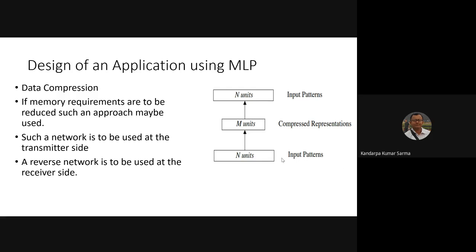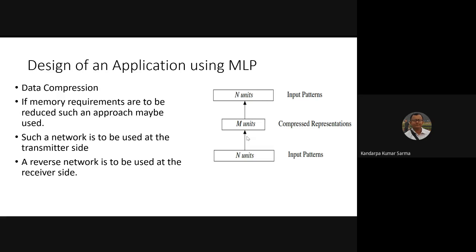If you want to compress them into compressed representations, these patterns can be compressed to m numbers. So m will be smaller than n. This will be the compressed form.